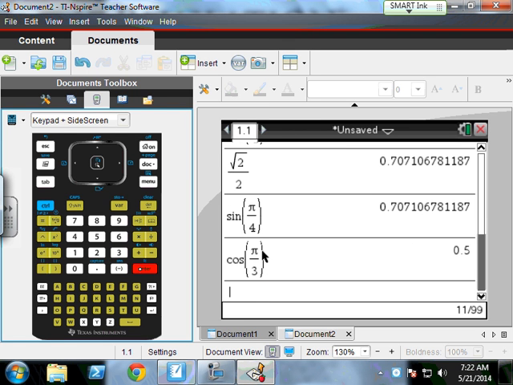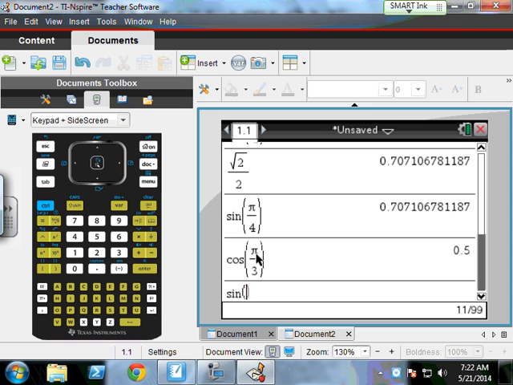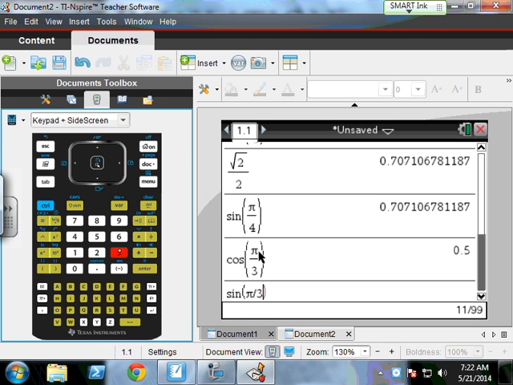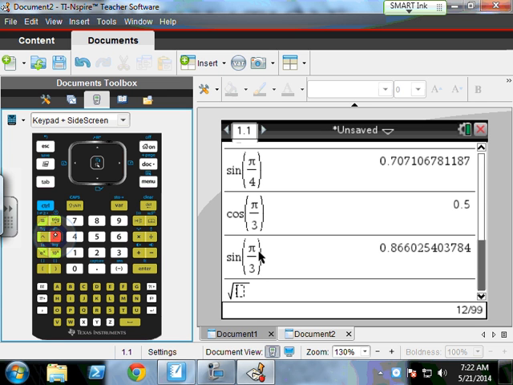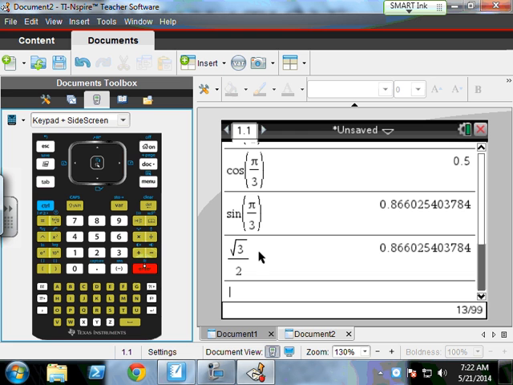Okay, similarly then, if we found the sine at pi/3, what we would expect is radical 3/2, and let's check. Radical 3/2, and there we go. Okay?